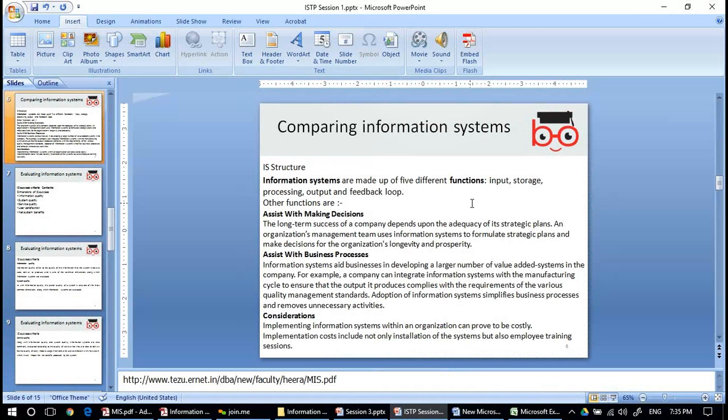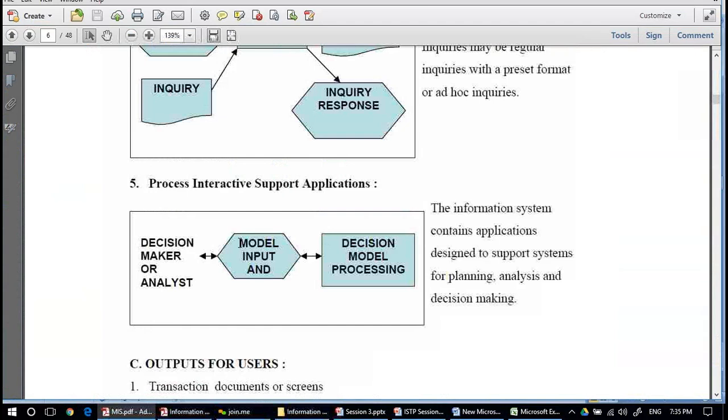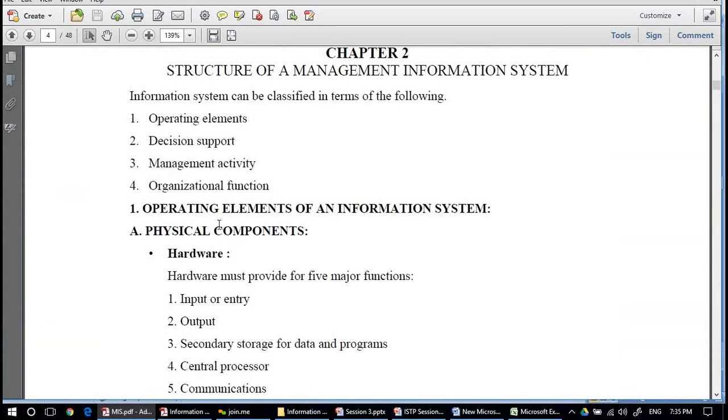They could be classified according to the functions: input, storage, processing. Further, they could be classified according to elements: operating elements, decision support concerns, management activities, organizational functions.